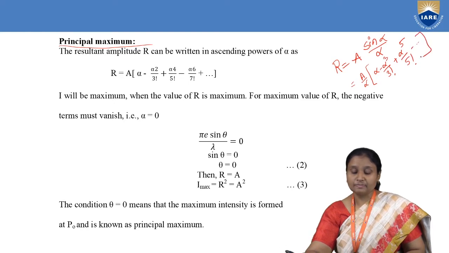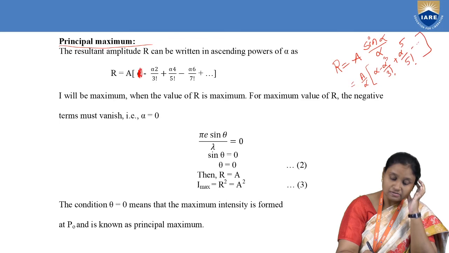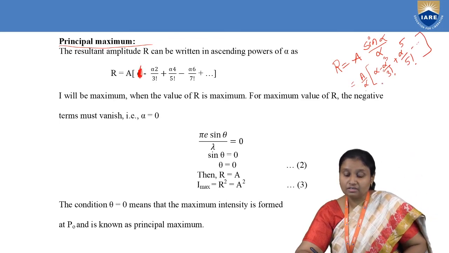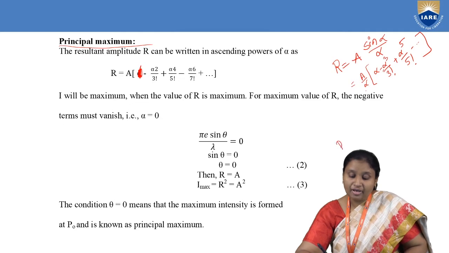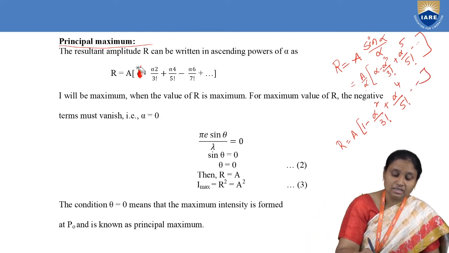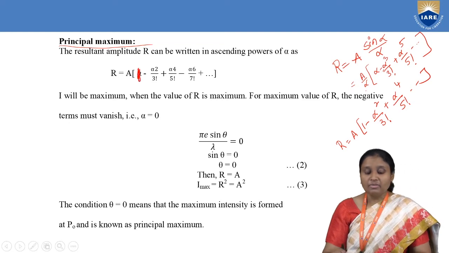And if I cancel the outside alpha, I end up having R as A into 1 minus alpha square by 3 factorial plus alpha to the power of 4 by 5 factorial and so on. This is what we got here.